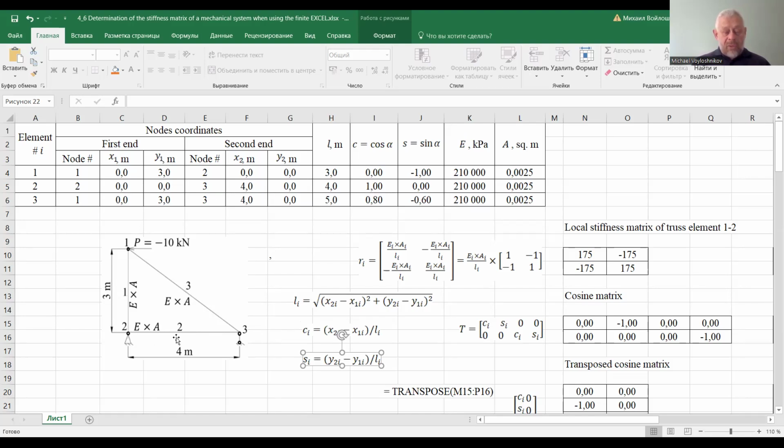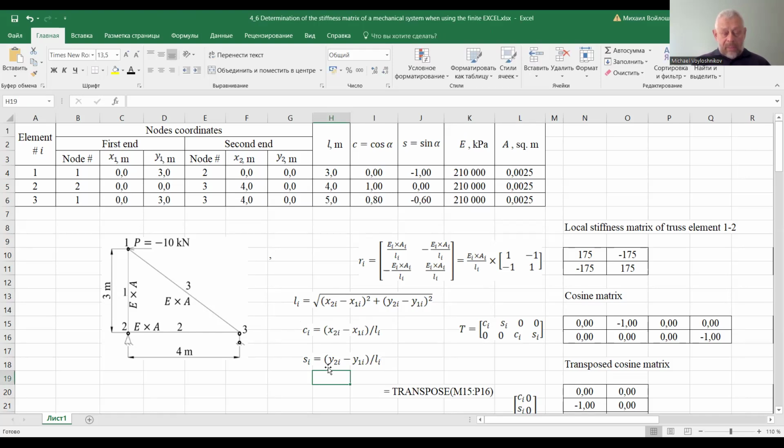As this is a horizontal finite element, the projection on the ordinate axis divided by the length is 0, so we find sine equal to 0 as well.